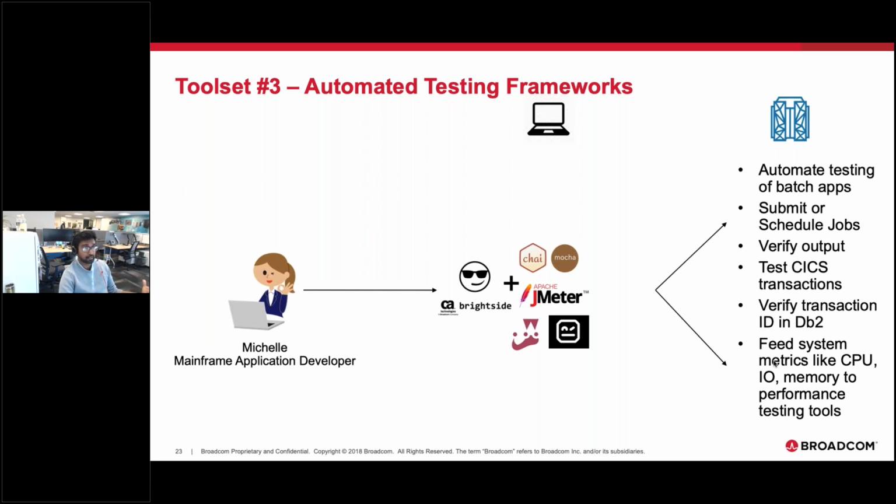Or if you're testing CICS transactions, you can invoke them. You can verify that that transaction ID that came through CICS is actually doing data lookups, database lookups in DB2. And then, when it comes to things like performance testing, one of the things that I've heard from a lot of folks that are focused on load and performance testing is, hey, mainframe, I'm able to invoke the tests, but the things that happen on the platform are kind of a black box for my load tester.